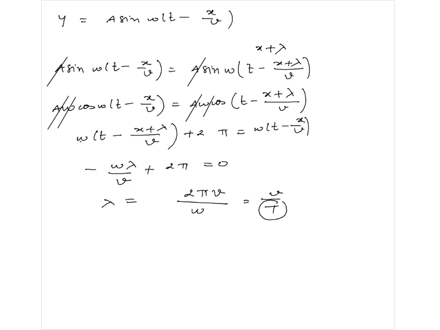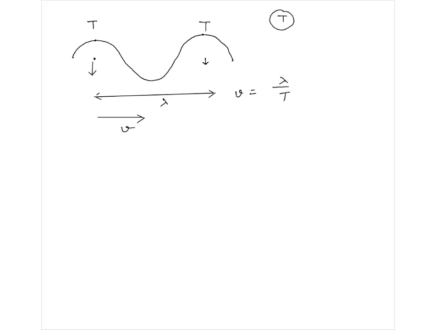So what we got here, we call this time the time for SHM, and it is the same time in which the wave travels one lambda distance. 1 upon time is called frequency, and we have this famous equation V equal to nu lambda.